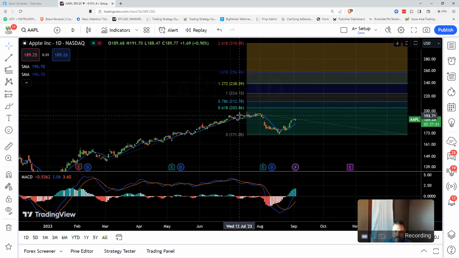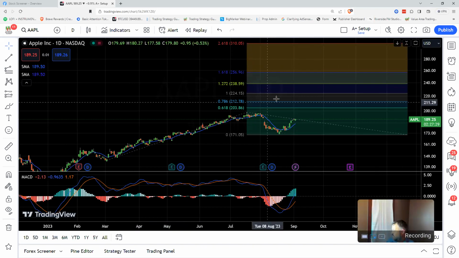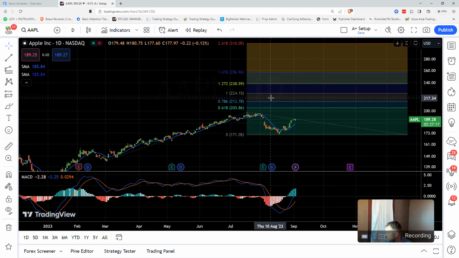a great way to identify targets on these trades, especially when they're in a trend, because the thing about a trend is you never know how long the trend is going to go. You never know how long a trend is going to keep moving for.